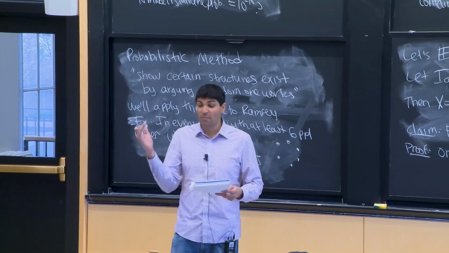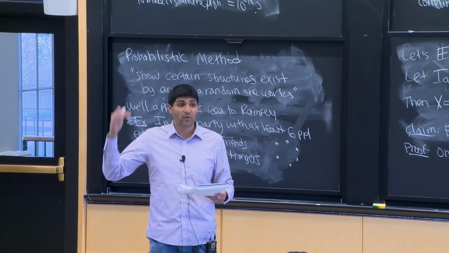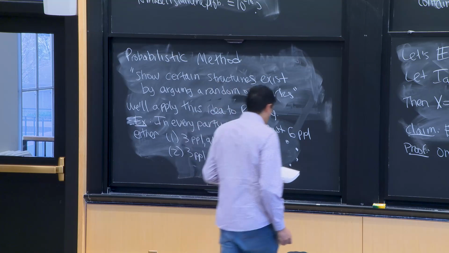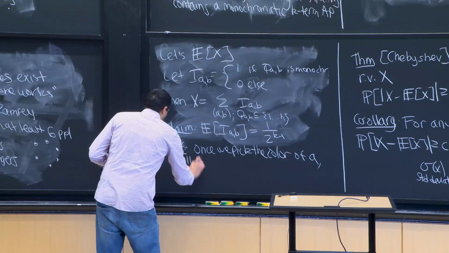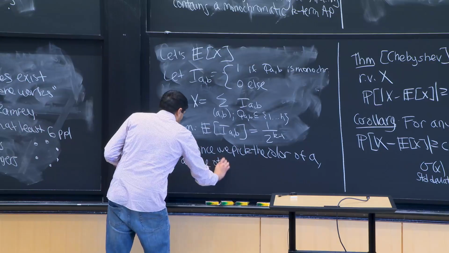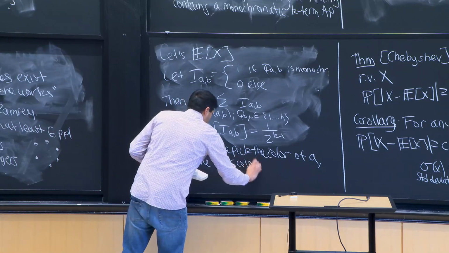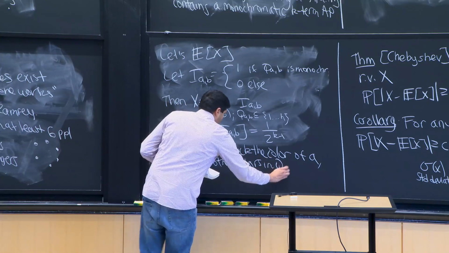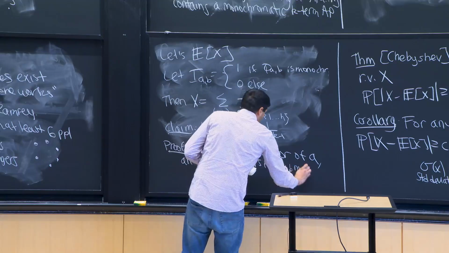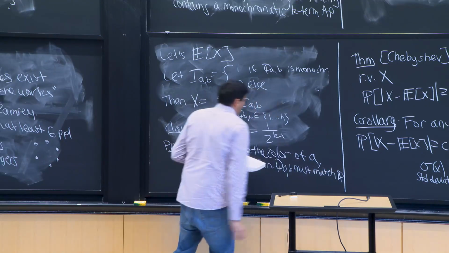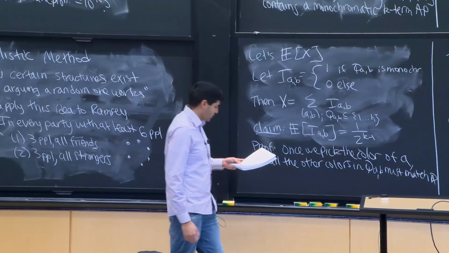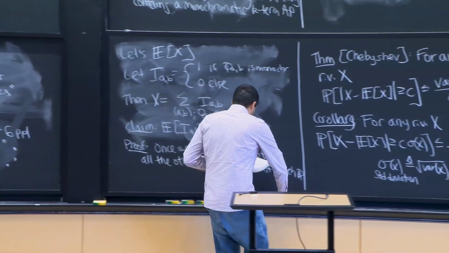Then A plus B had better be red, A plus 2B had better be red, A plus 3B, and so on. Then all the other colors in QAB must match. And that's the proof, because there are k minus 1 other things. So now we're in good shape.